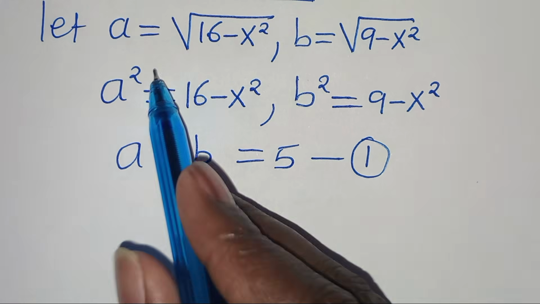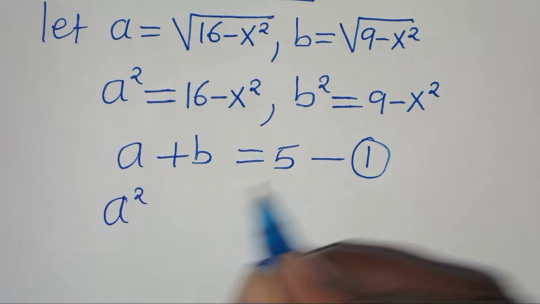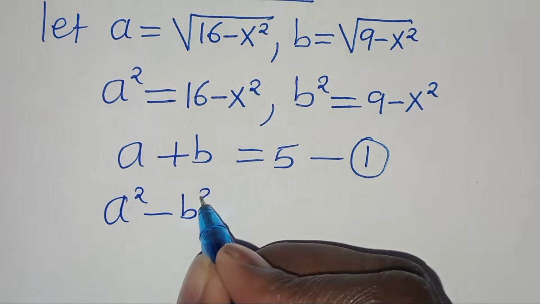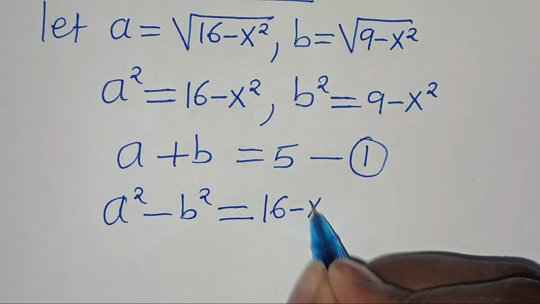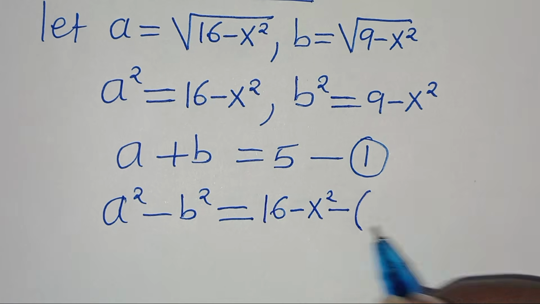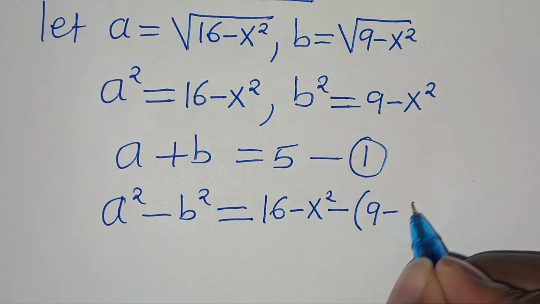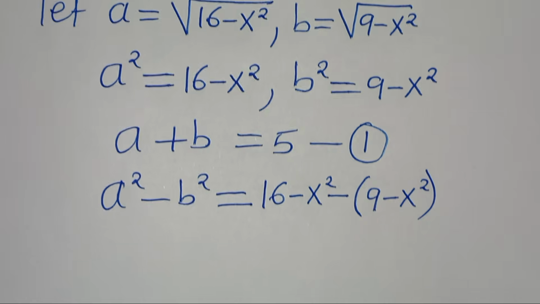Now, we have that a squared minus b squared is equal to 16 minus x squared minus, in parentheses, 9 minus x squared.